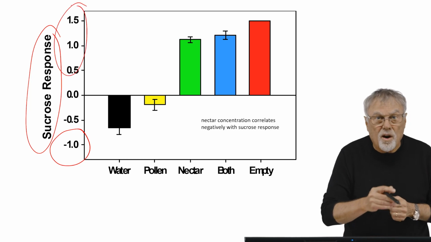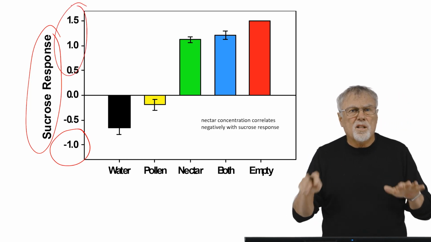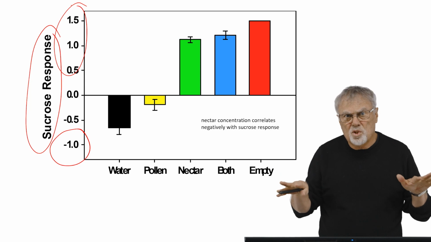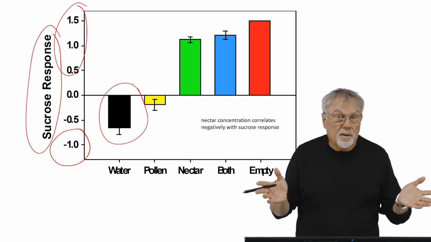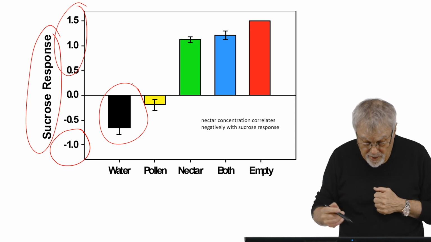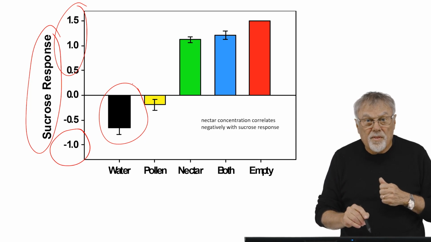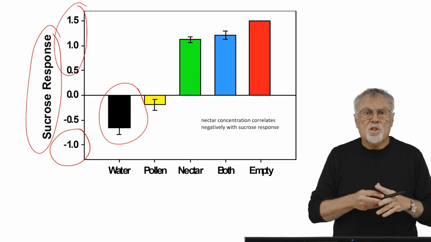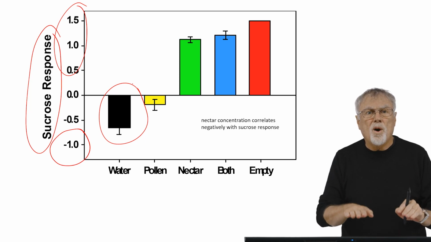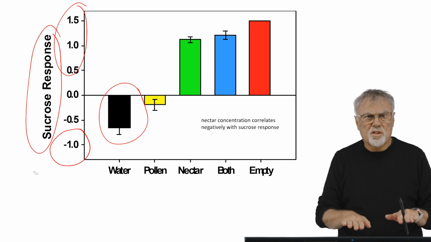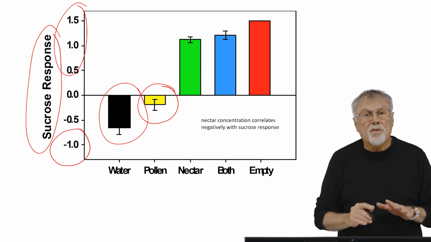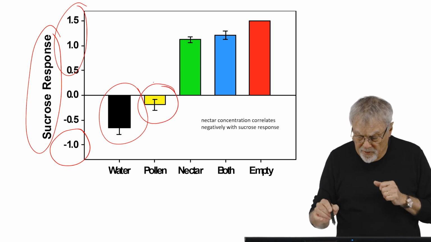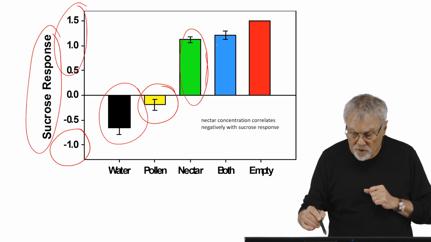And these up here only responded to the very highest concentrations of sugar. So the bees that returned with water, they didn't collect pollen or nectar, they just collected water. They had the lowest response thresholds to sugar, meaning they responded to the lowest concentrations of the sugar solutions. And then that was followed by the pollen foragers, and then nectar foragers, those that collected both.